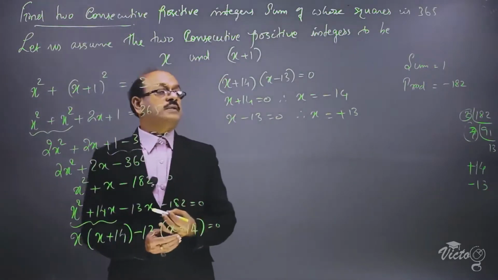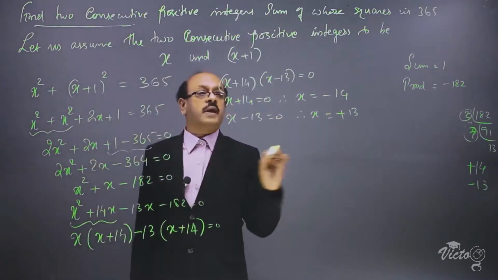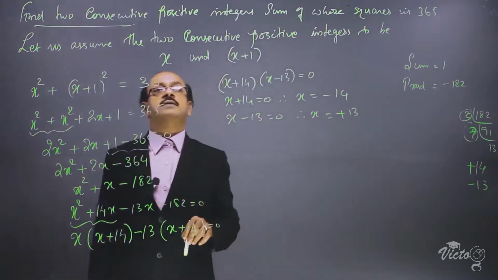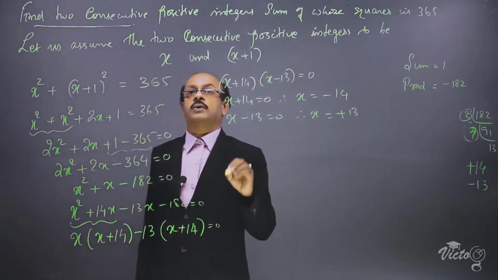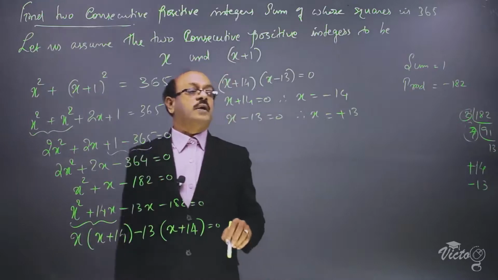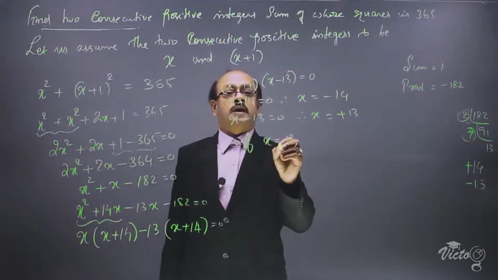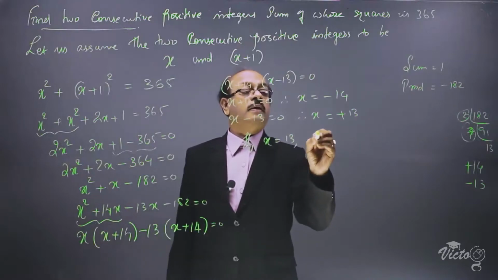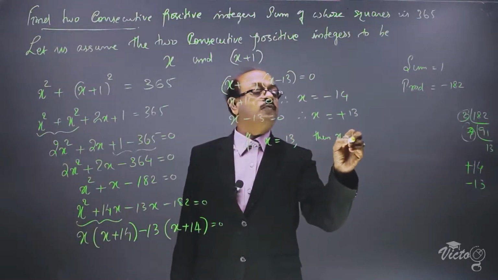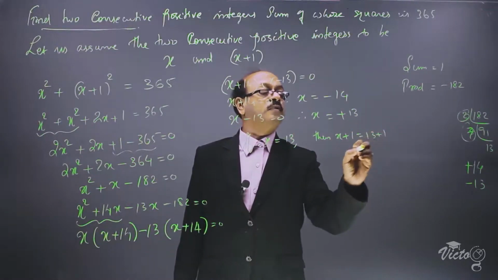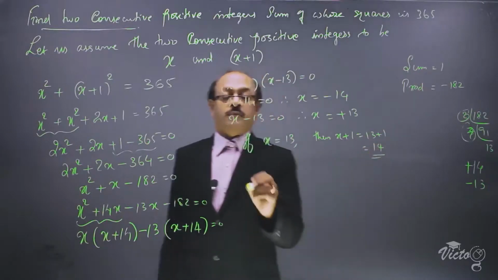So the value x is equal to minus 14 is not acceptable here, because we want positive integers. So we are taking x is equal to 13. If x is equal to 13, then x plus 1 is equal to 13 plus 1 is equal to 14.